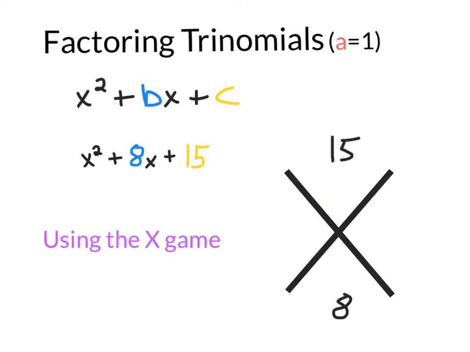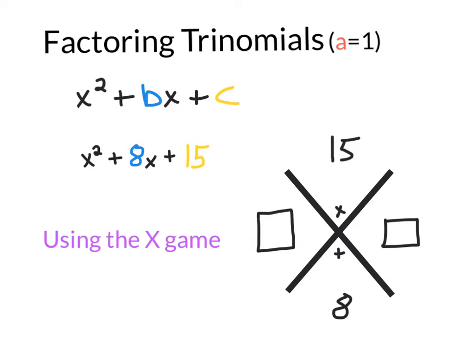So then we are looking for two numbers that multiply to equal 15, and these two numbers combine to get positive 8. All right, so we could put our plus sign here. They both get positive 8.